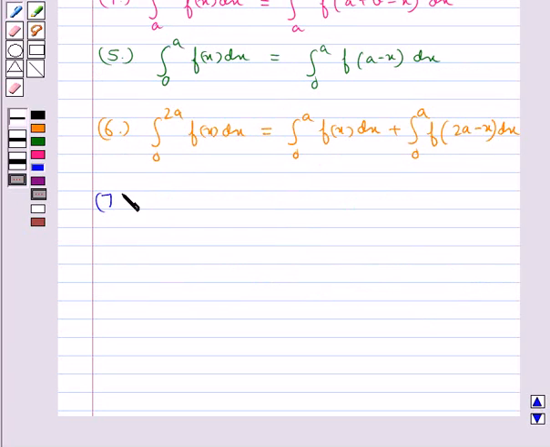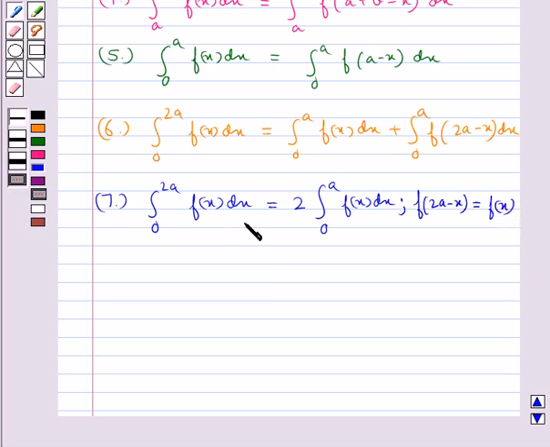Next, integral 0 to 2a f(x) dx is equal to 2 multiplied by integral 0 to a f(x) dx if f(2a minus x) is equal to f(x), and this integral is equal to 0 if f(2a minus x) is equal to minus f(x).